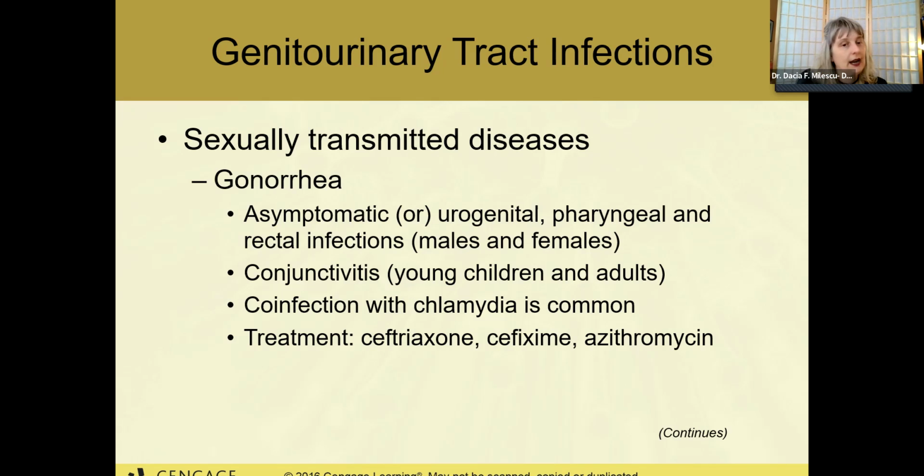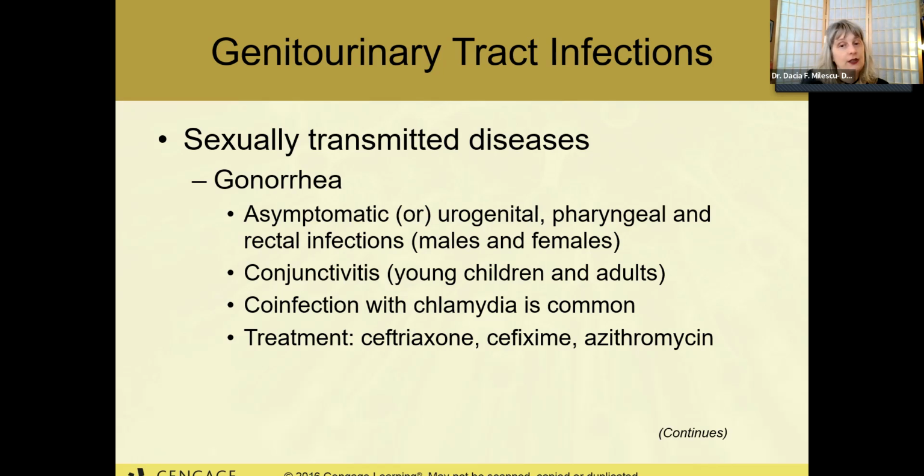Gonorrhea, you can also have inflammation of the conjunctiva. This is usually young children that get it from the mothers as they're born, right? So the baby is born and travels through the vaginal canal and ends up with this conjunctivitis, gonorrhea. Adults can get conjunctivitis as well.